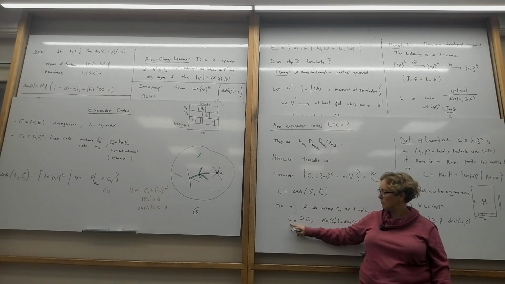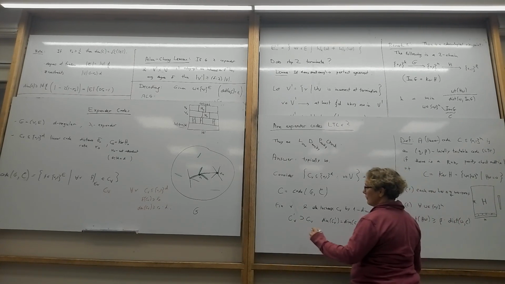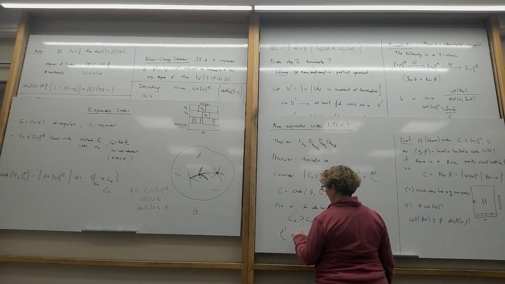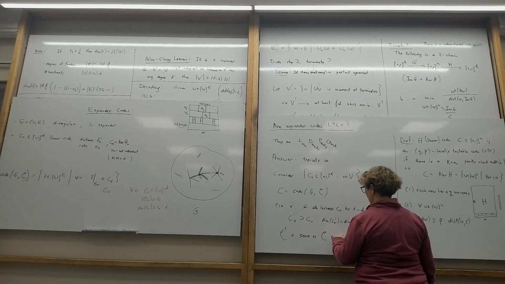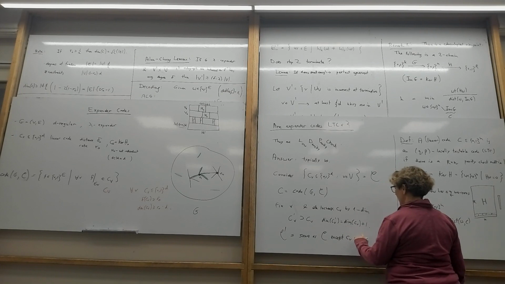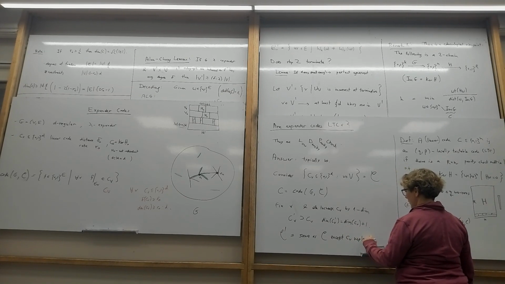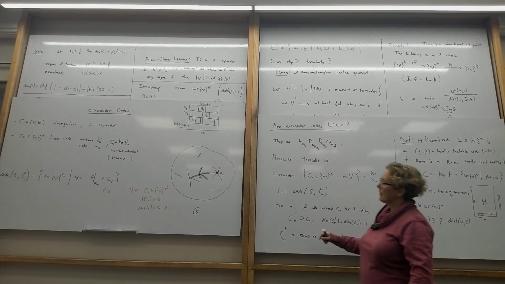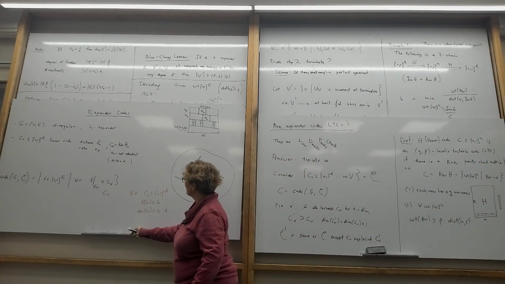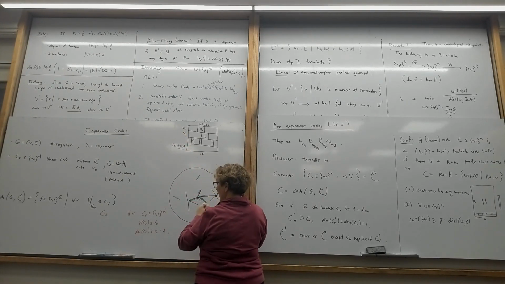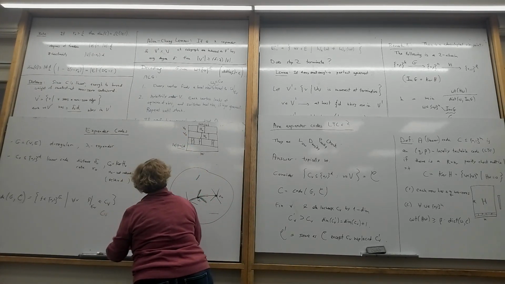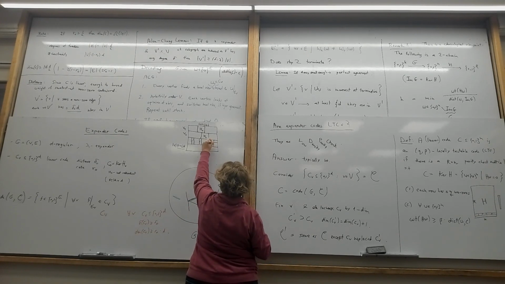The rate is going to be bigger, so the new family C prime is the same as C, except CV is replaced by C prime V. In other words, what did I do? I took one of the vertices and I erased one row in the parity check matrix. This is all I did.